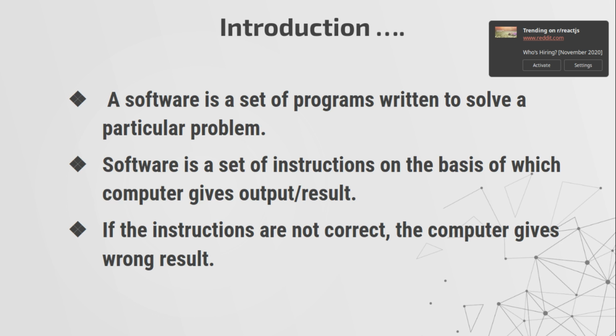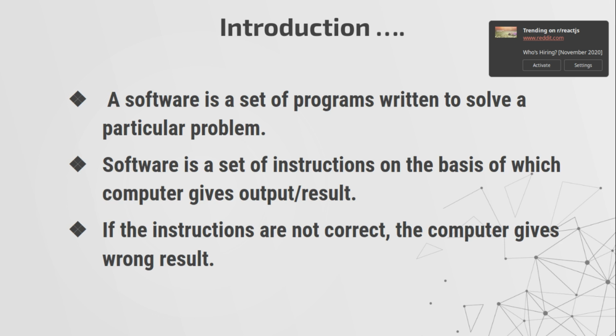Software is a set of programs written to solve a particular problem. Software is generally designed to solve something or to make something easier. It is a set of programs, a combined form, or a package of programs.